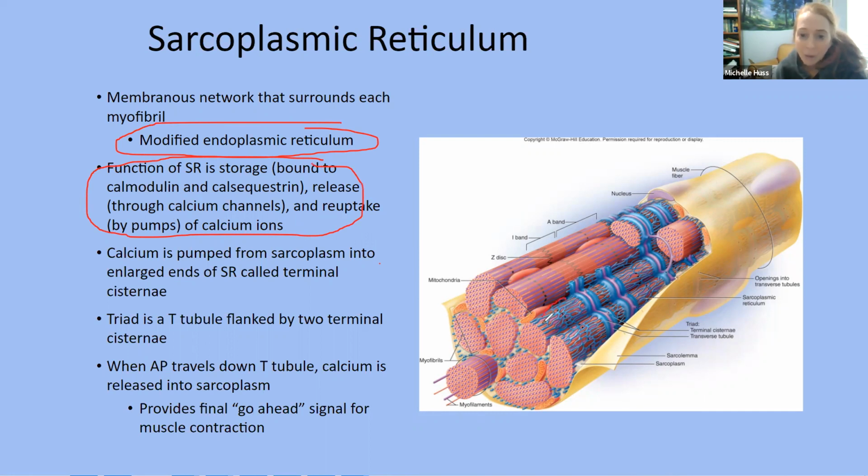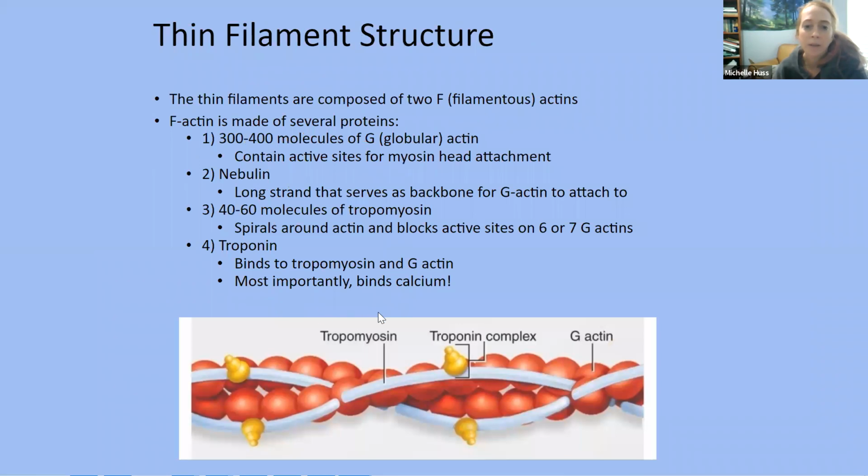It kind of looks lacy and blue. The sarcoplasmic reticulum holds on to calcium. Good. We're not going to do physiology yet. We're getting there. We're not quite there.